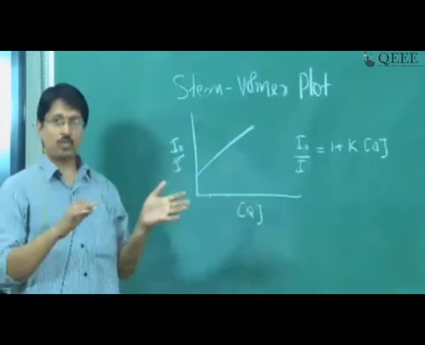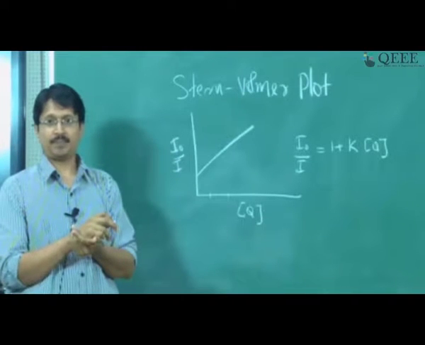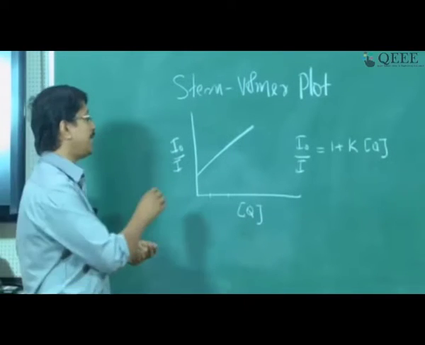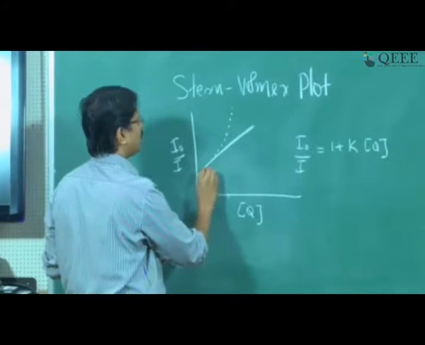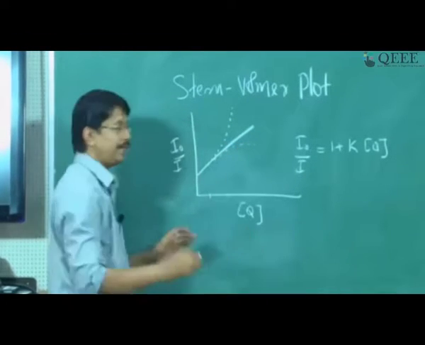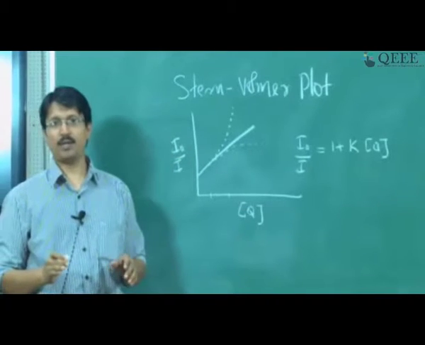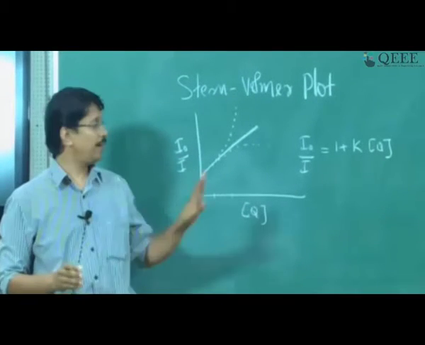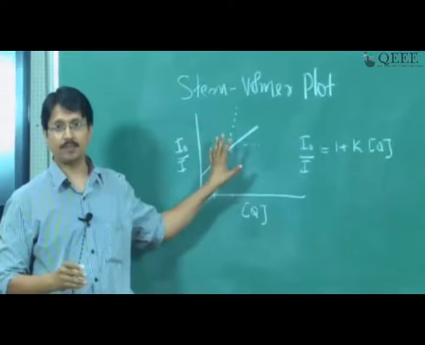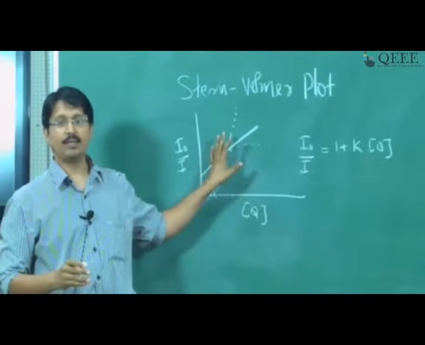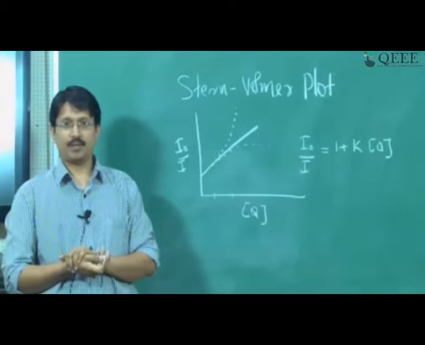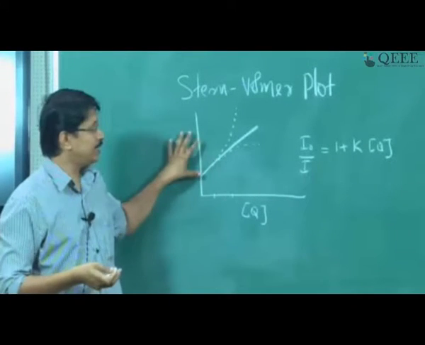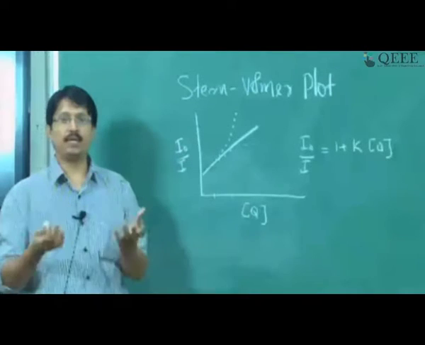But suppose both quenching is happening, then you will see that either this plot will go upward or it will go downward. It deviates from the linearity. That's why one colleague said that by analyzing the Stern-Volmer plot, you can understand whether both static and dynamic quenching is happening. But again, this intensity ratio plot will not give you much more details.